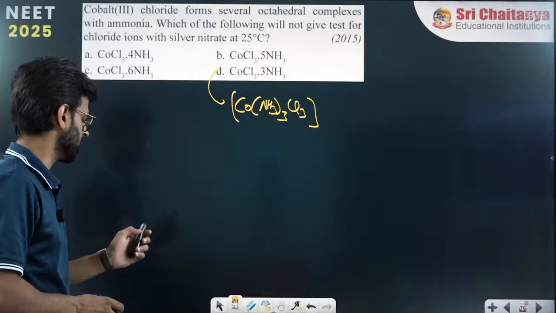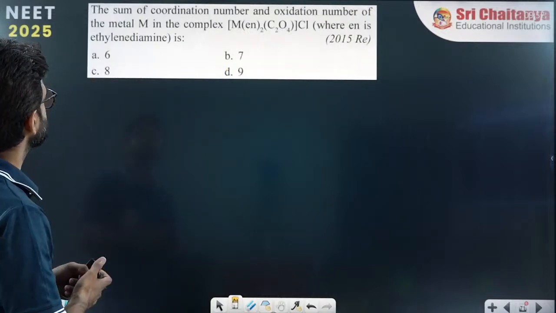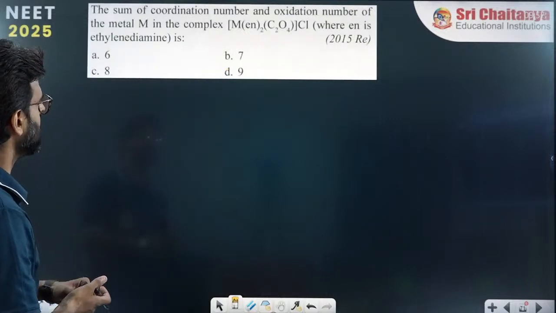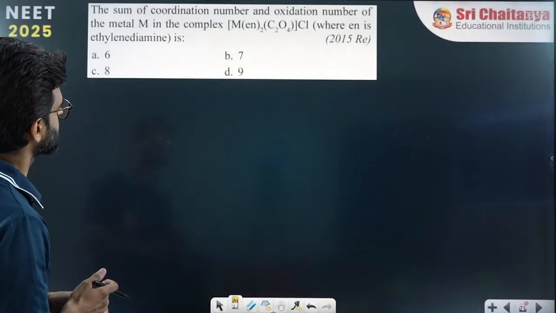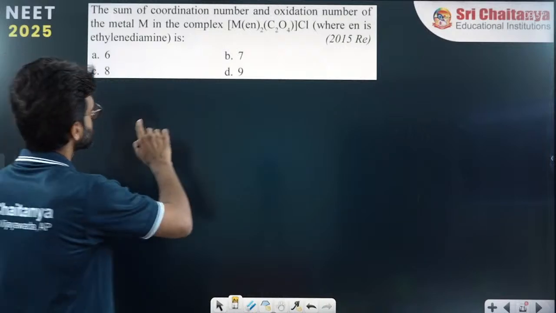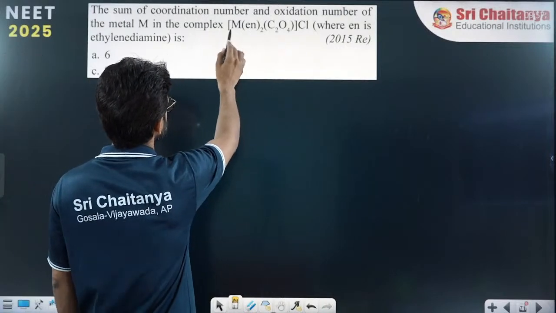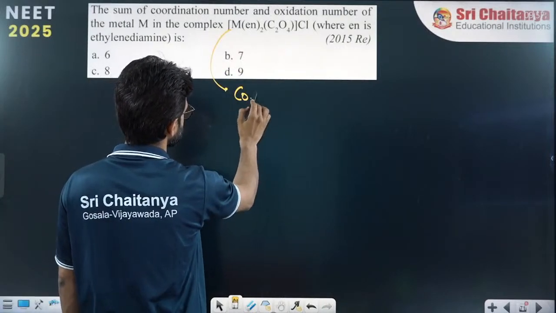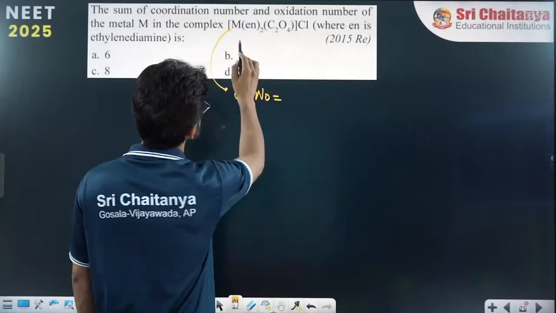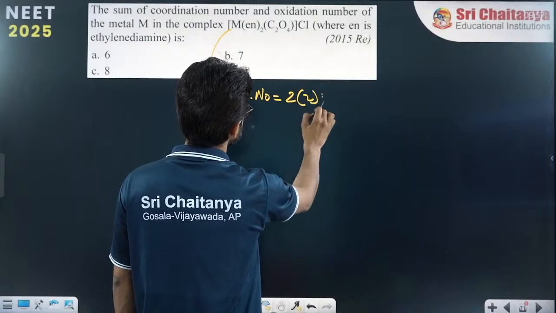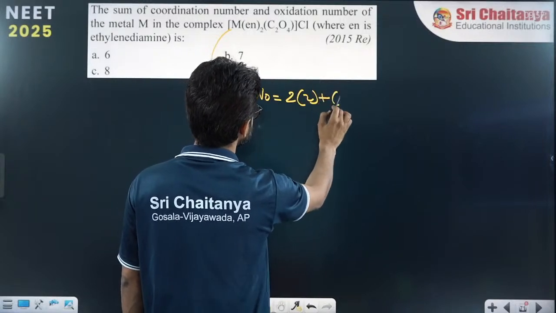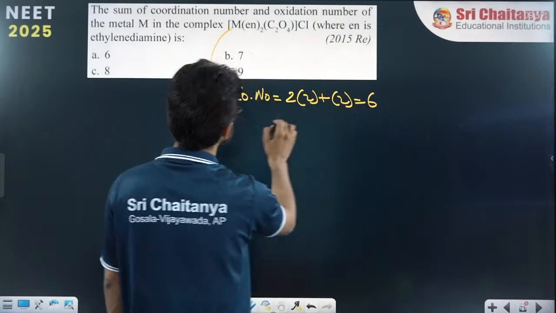Easy again, important. The sum of the coordination number and the oxidation number of the metal in the complex, okay? First we are finding the coordination number here. En is a bidentate, so 2 into 2. C2O4 is also a bidentate, so 2 here, total how much? 6.